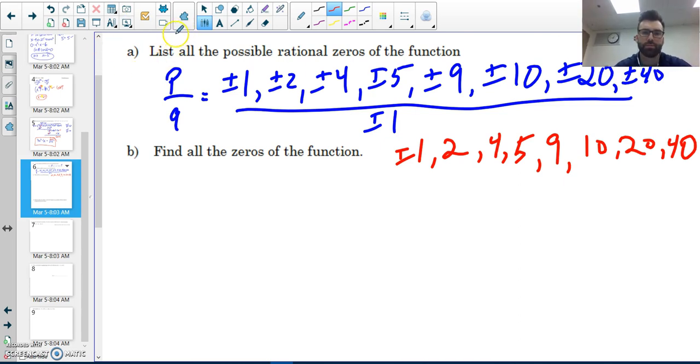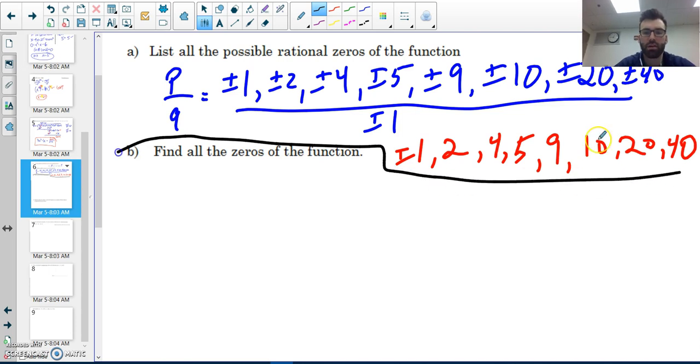Boom. Okay. Next thing I need to do, find all zeros of my function. Well, I don't have the TI Inspire. I don't have a graphing calculator to show you. Let's see if I can pull something up to figure out which one is a zero. I'm going to pause this for a second.